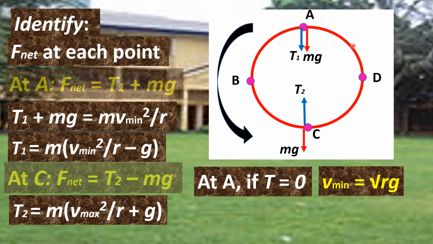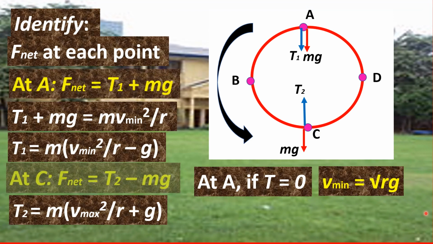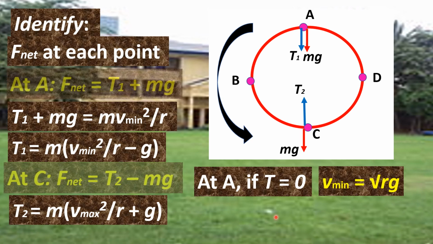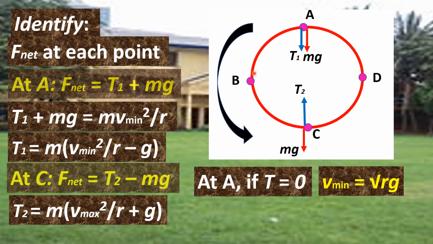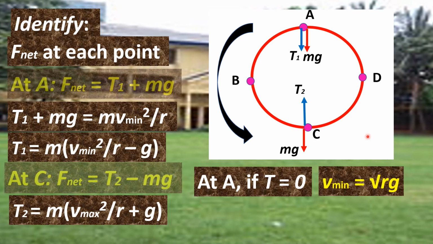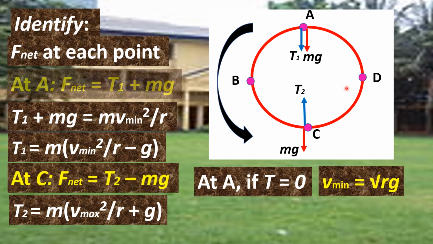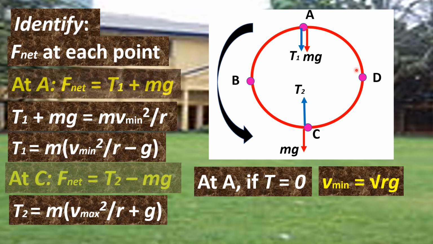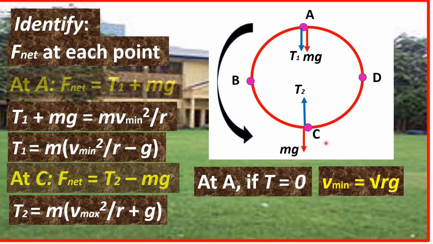It will not be able to move in a perfect circular path, because in the first place, there will be no more centripetal force, right? Which in this situation was provided by the tension or by the string.